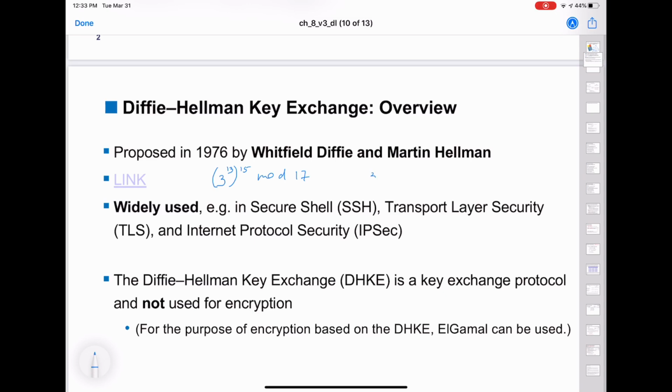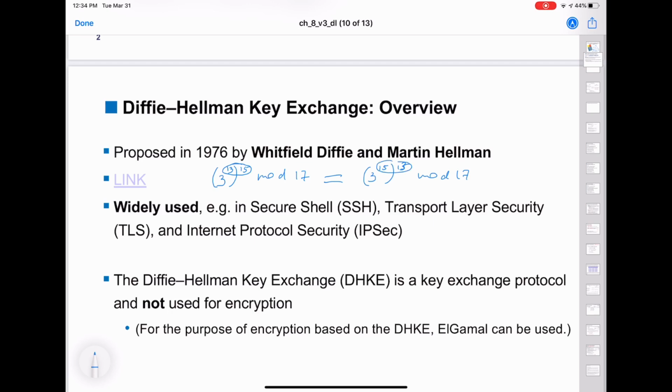And they said 3 to the power of 15, and it's not power, it is multiplication. Yes, 3 to the 13 modulo 17, and they want to say that this is equivalent because the two exponents got multiplied, 13 times 15, and this becomes 15 times 13, so they are equivalent.